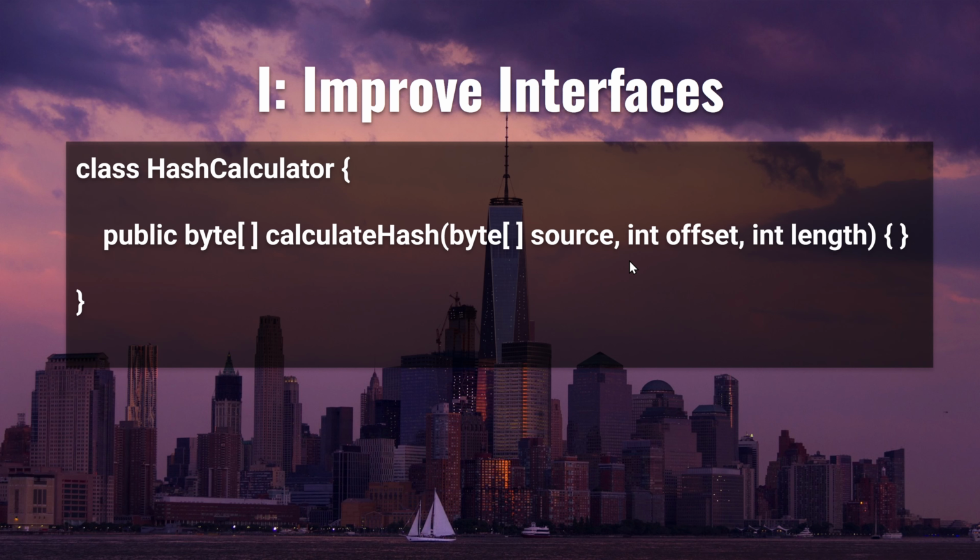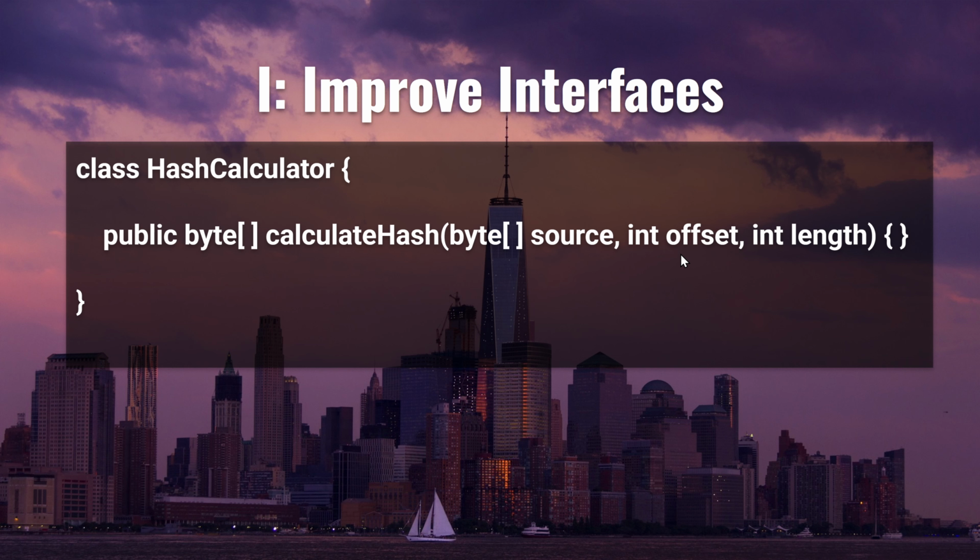What we could do instead is change the interface of calculateHash so that instead of just taking a byte array, we could take a byte array, an offset from where to start calculating the hash value, and a length, which is how many bytes from this offset we should include in calculating the hash value.